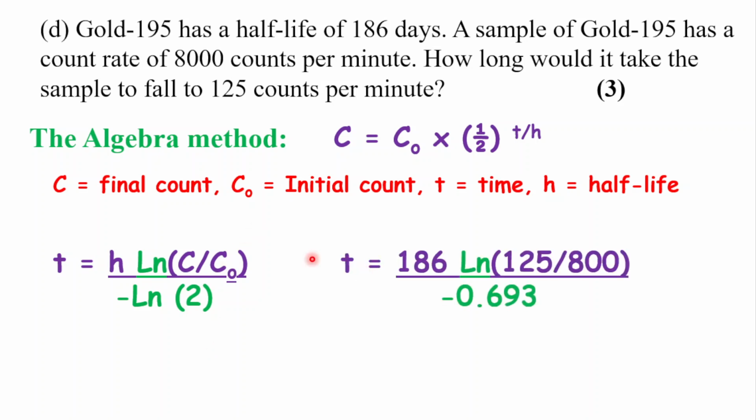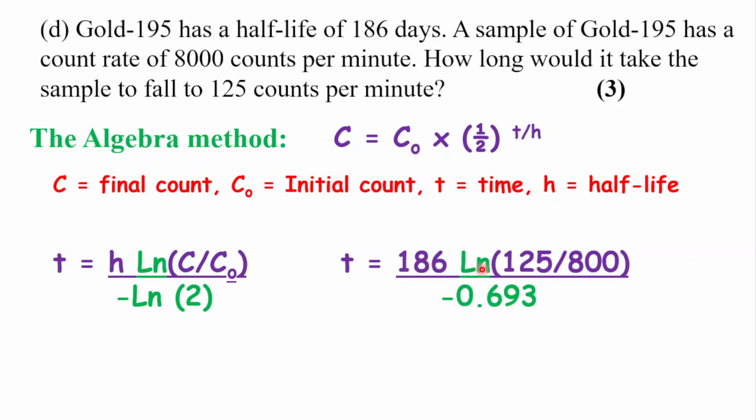Let's substitute first. Here we have our 186, which is our half-life. Our log is there. The final count was 125 counts, and our initial count was 8,000. So it's going to be 125 over 8,000, divided by 0.693.